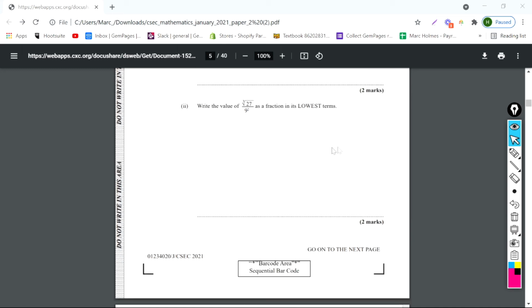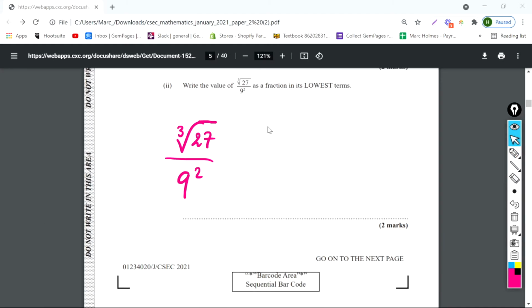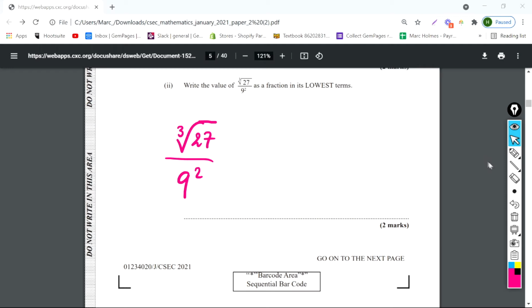Let's move down. This one says, write the value of the cube root of 27 over 9 squared. Let me just zoom in a bit more. Yes, cube root of 27 over 9 squared, and write it as a fraction in its lowest terms. So this is really easy, guys.